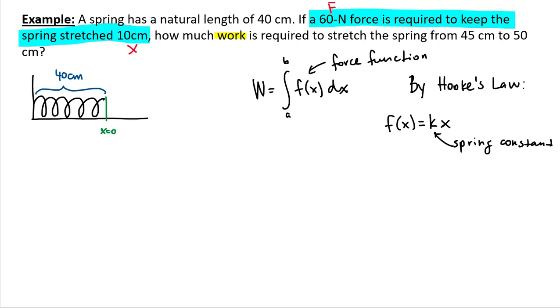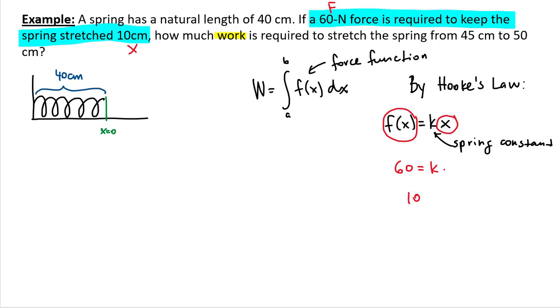In other words, we're given the specific value of F, force, and we're given a specific value of the displacement. And since we know those two, we should be able to find the spring constant. I'm going to take 60 newtons, 60, and set that equal to k times displacement. Well, we're given 10 centimeters.